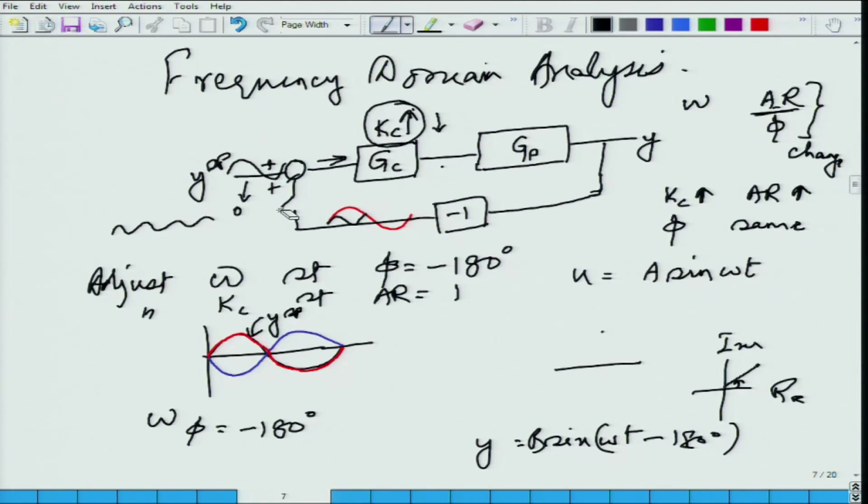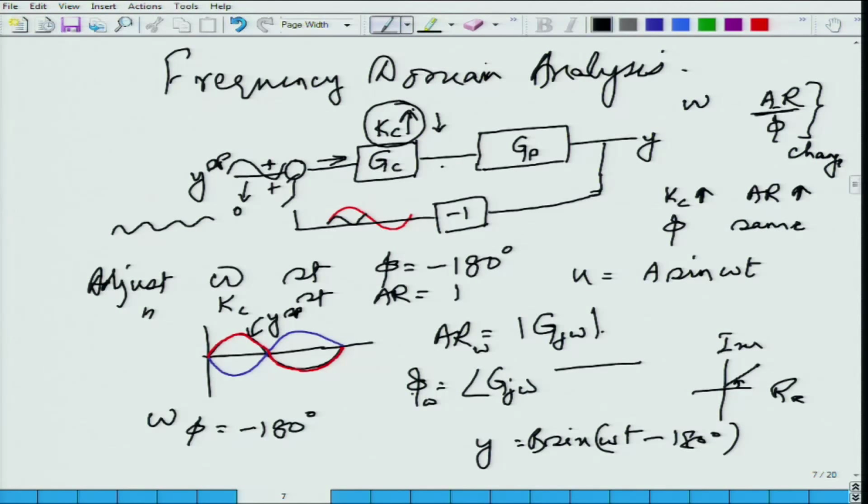Because it was not closed, the amplitude ratio is given by AR is equal to the magnitude of G(j omega) at some frequency omega, which relates to the transfer function, and phi is equal to the angle of G(j omega) at that frequency.